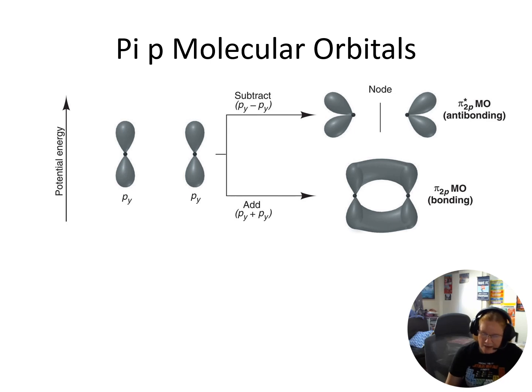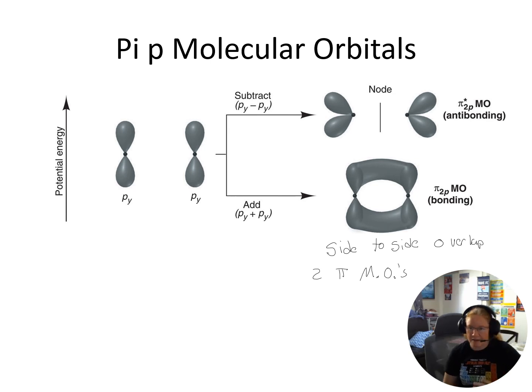When I look at my other p orbitals, I get side-to-side overlap, and we get 2 pi molecular orbitals. We get pi and pi star for bonding and anti-bonding respectively.